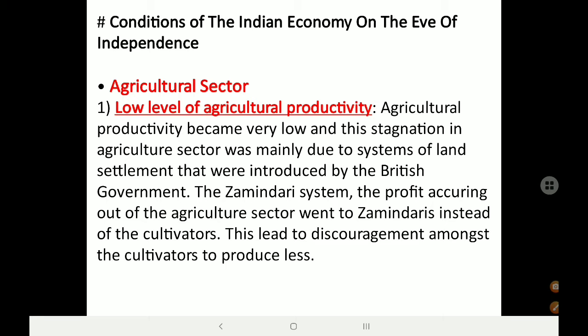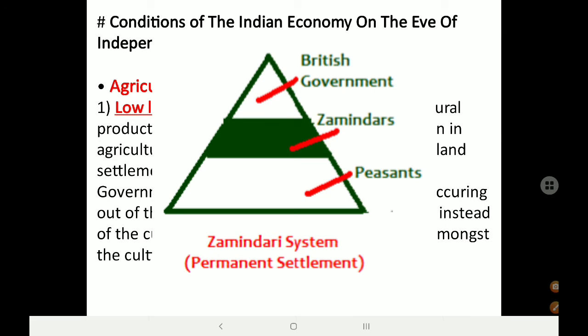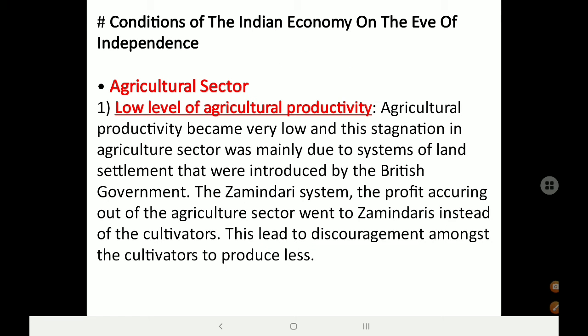The profit accruing out of the agriculture sector went to zamindars instead of the cultivators. The zamindars were interested in only collecting rent even in the event of crop failures and did not think to improve the condition of agriculture. This caused misery and social tension amongst the cultivators.